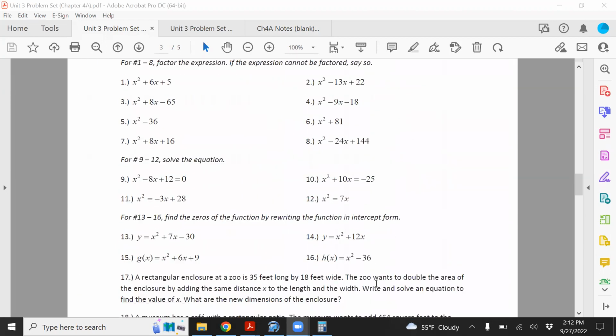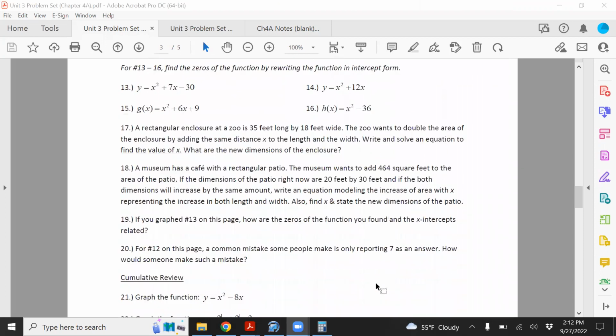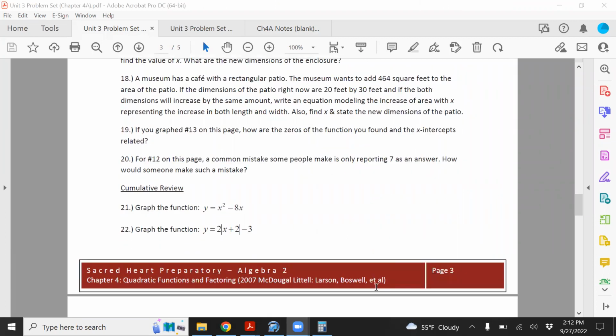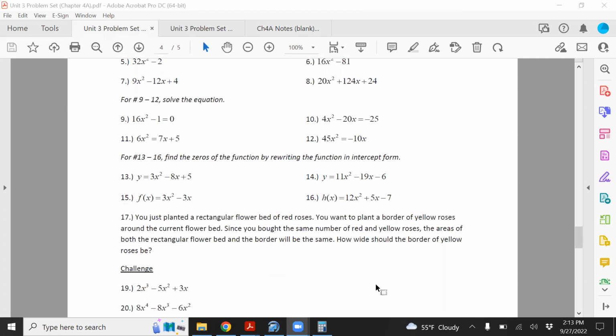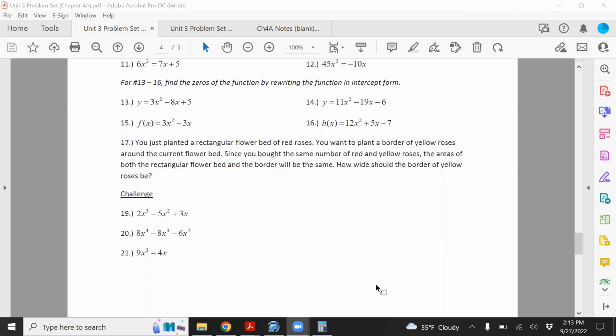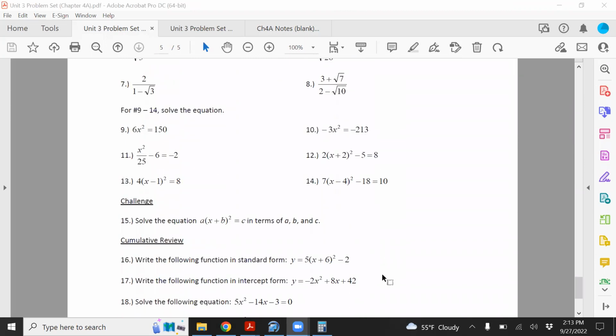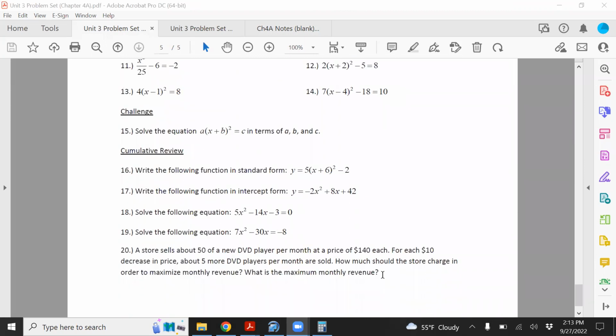For 4.3, actually I like all those. 4.4, I like all those as well. And 4.5, I only took out 3 problems, sorry. So anyway, I chopped off 3 problems.